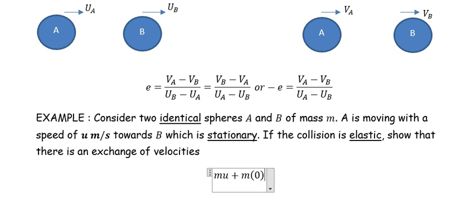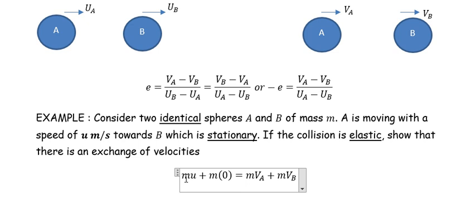The initial velocity of B is 0 because initially it was stationary, that is, at rest, equal to the mass of A after impact, which does not change, is still m. The final velocity of A after impact we can call VA, plus the mass of B after impact is m, and its final velocity is VB.